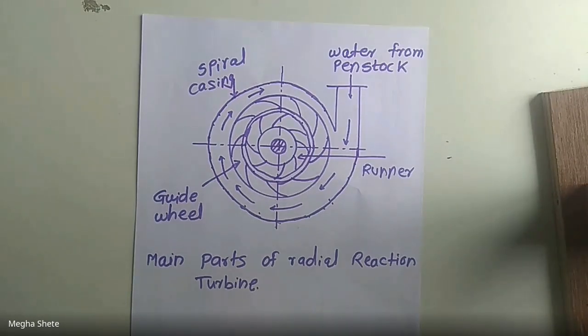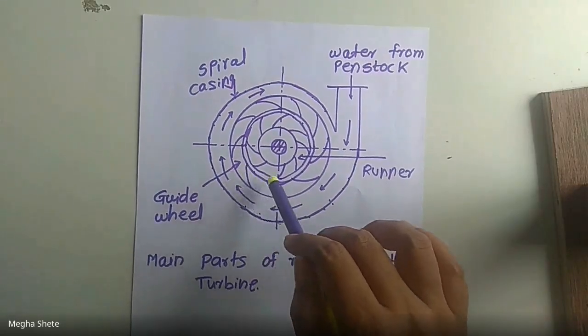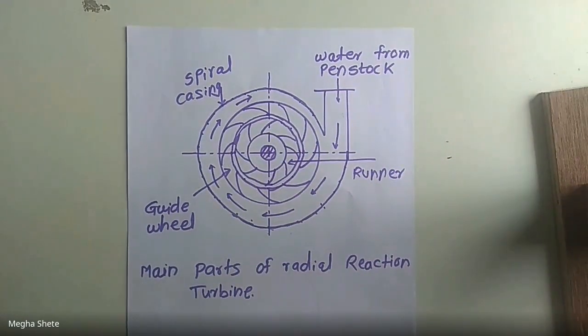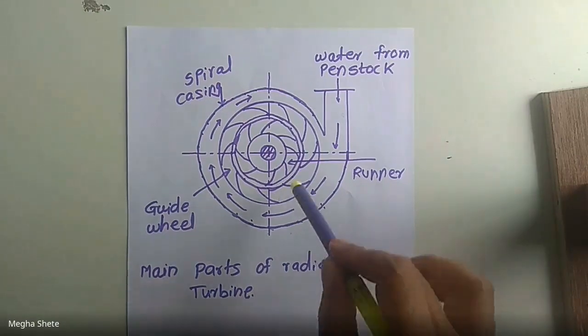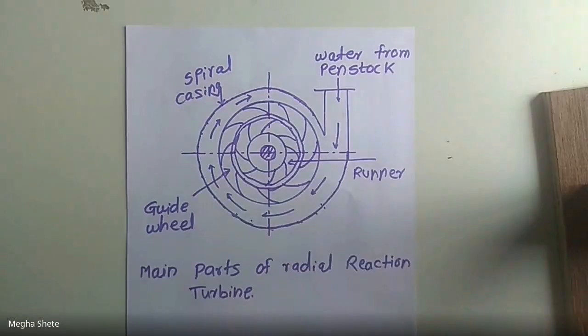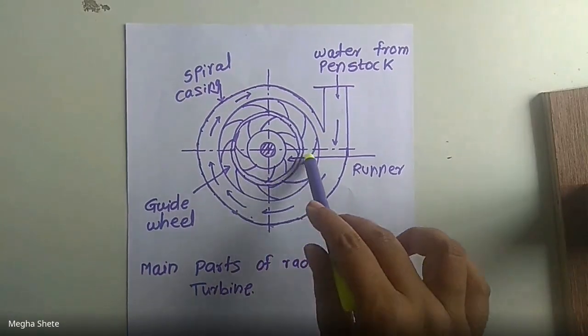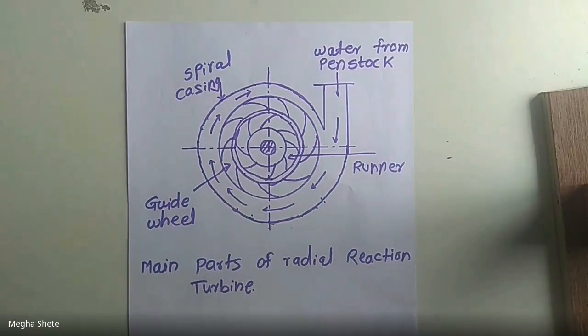Okay. Now the second part is the guide mechanism. It consists of a stationary circular wheel around the runner of the turbine. The stationary guide vanes are fixed on the guide mechanism.